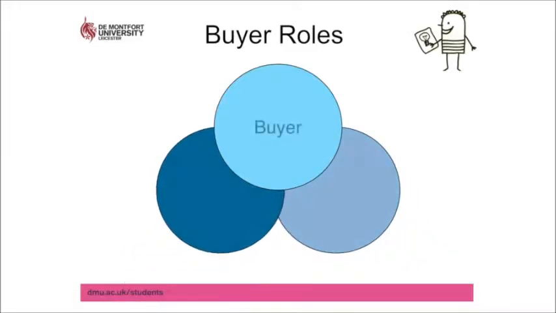The buyer, the person that physically purchases the product. The user, you might be buying it for your flatmate. And the funder. The funder might be your parents because you haven't got any money left after whatever finance loans you get to be a student now. So there are 3 different people here.